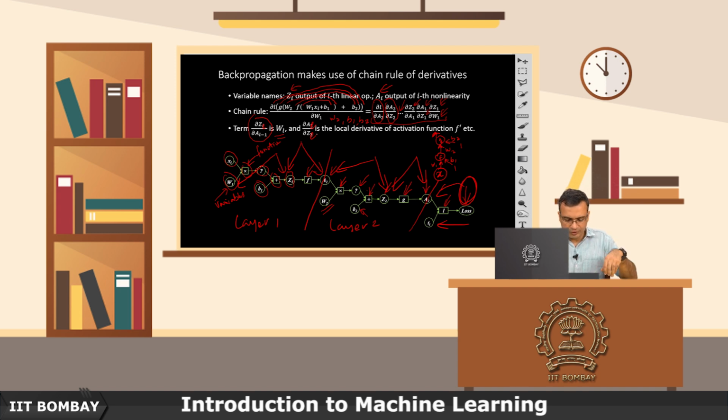Where does that come from? So let's look at it carefully. Let's look at this expression. If you look at this f, inside the f is the z, and outside the f is the a.